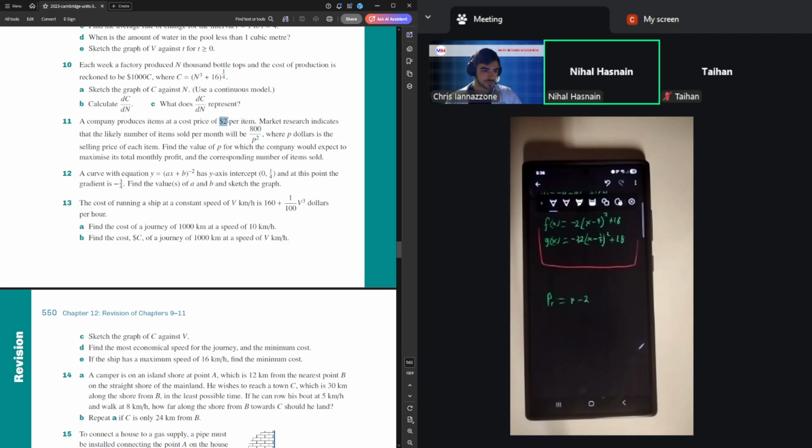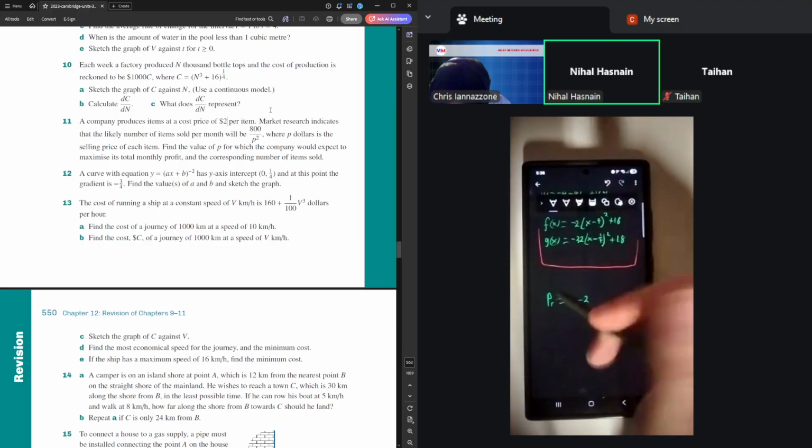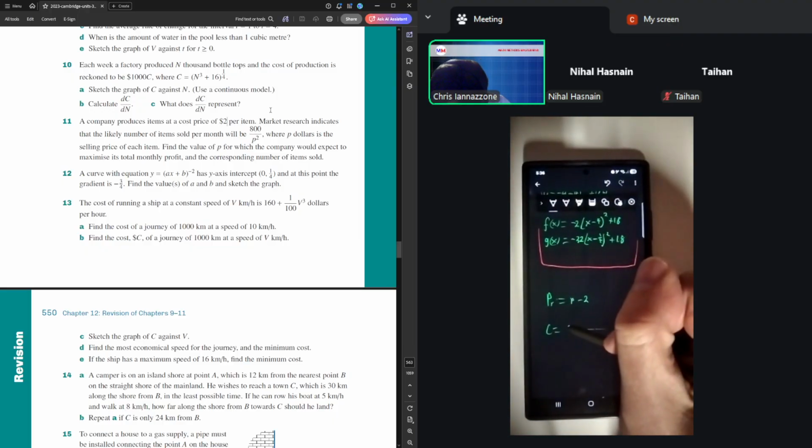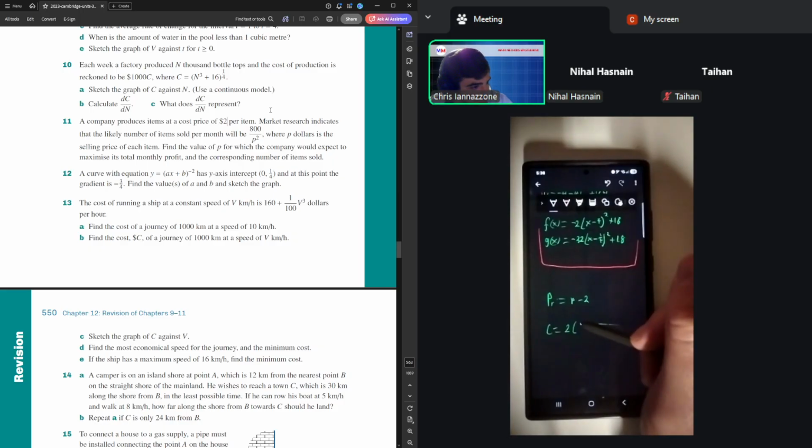So that's going to be the total cost. Yeah. That'll update our cost from per unit to per month. So our cost is now 2 times 800 over P squared.